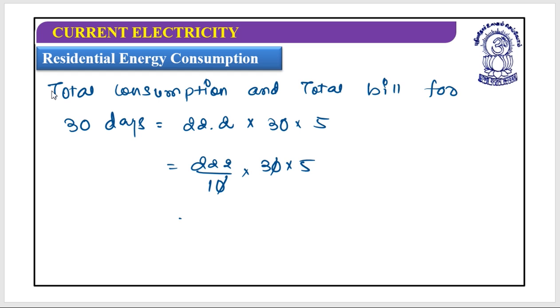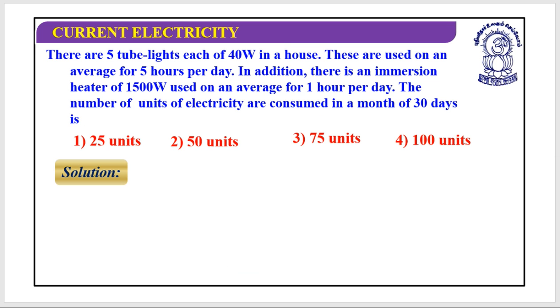So this has gone, and this is 222 multiplied by 15. This is the amount, that would be the bill that has been generated. So can you do this kind of thing? Is it possible by you guys? Are you sure? Great. Let's have a look at the next question.